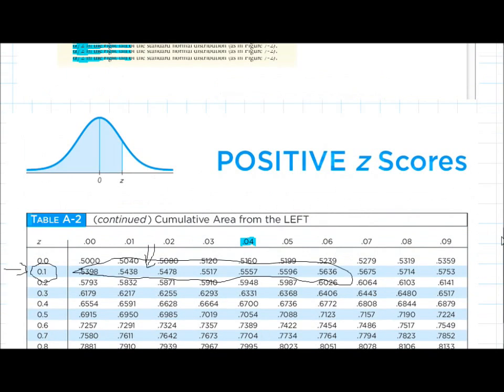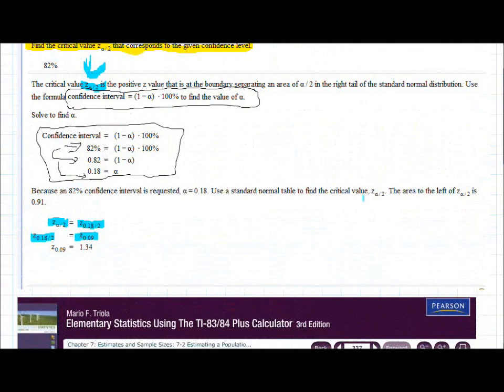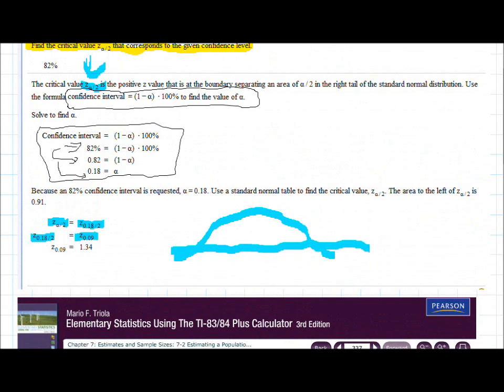Once again, this is 0.09. So here's our curve over here, and this is a crude drawing, obviously. And the alpha that we've calculated right here is this just to the right of this arrow.